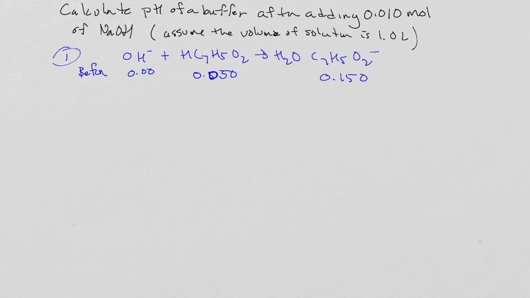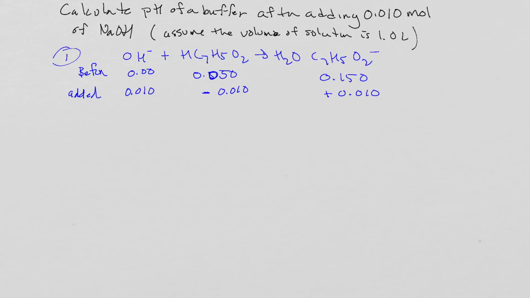Now, we added hydroxide in the amount of 0.01 moles. So since we added hydroxide, that means our acid is going to go down by 0.01 and our base is going to go up by 0.01.